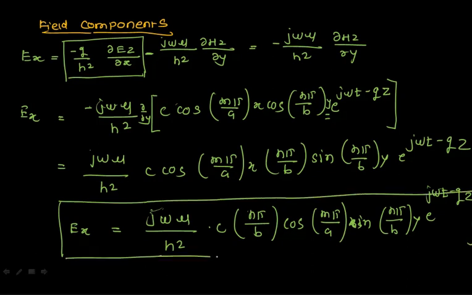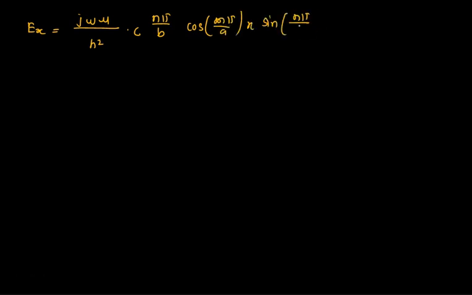If you go for Ey, Hx and Hy, you will get those components. I'll summarize all these components now. As you know how to find them, I can write all the components here at a glance. Ex is equal to j omega mu by h square into C n pi by b cos of m pi by a x sine of n pi by b y e raised to j omega t minus gamma z.